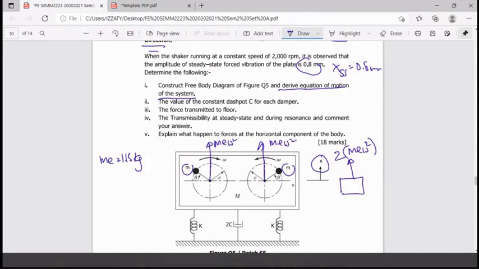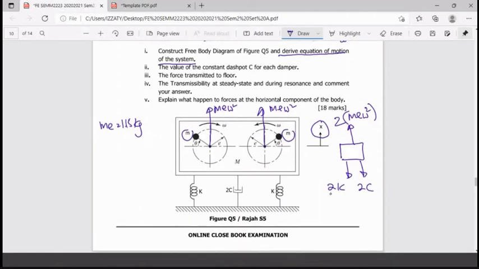Remember you have 2 here, 2K, and another one, 2C. Then we have equal to, it's supposed to be on the other side, but there is no space, so I put it here. So this one now, tell me whether it is pointing downward or upward. My M X double dot, pointing upward or downward?